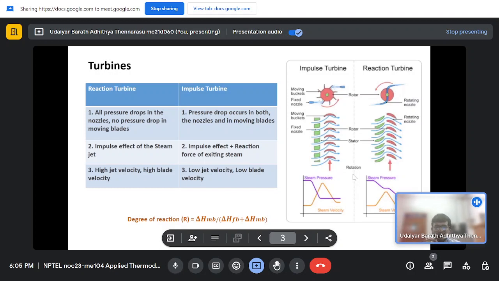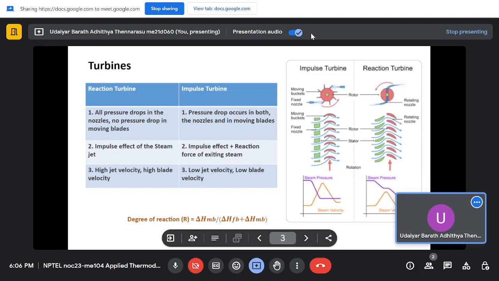As I said previously, we have two types of turbines. One is an impulse turbine and one is a reaction turbine. The name comes from the action which is happening on the steam. So in case of the steam turbine, if you see the image on the right side, I have a nozzle, and then there is a turbine impeller.